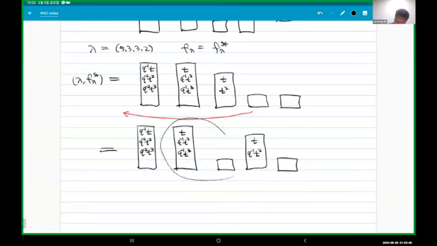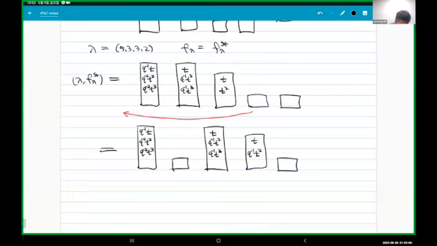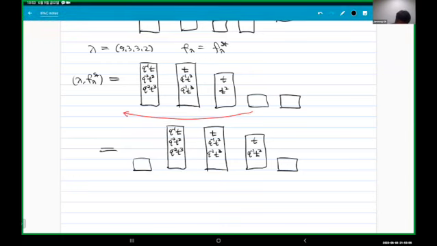And we can apply the column exchange rule once again to these two, so to obtain a field diagram like this. And again, we obtain the field diagram like this.